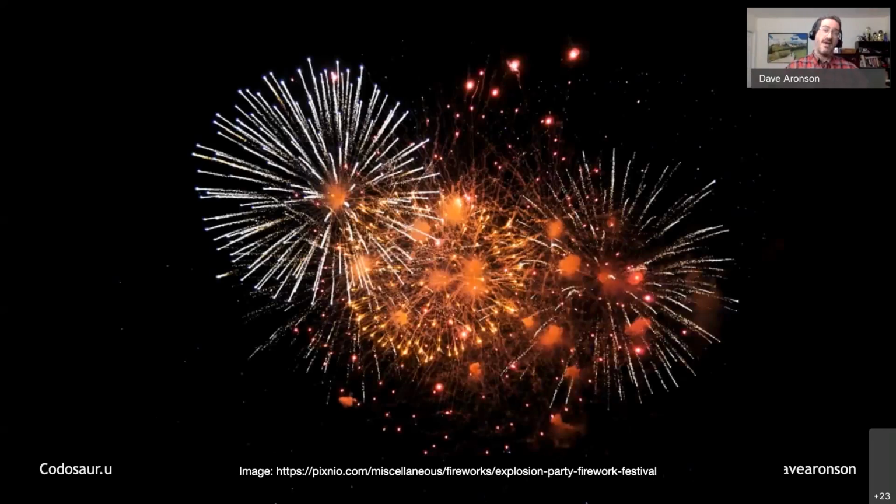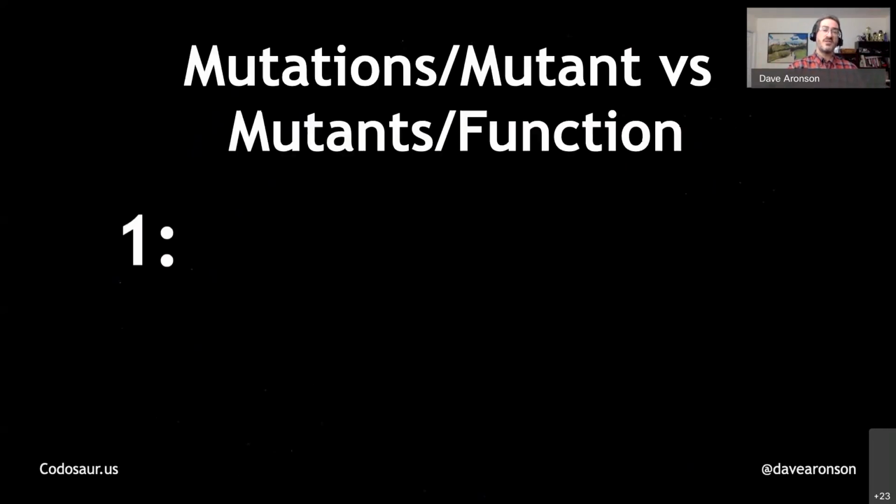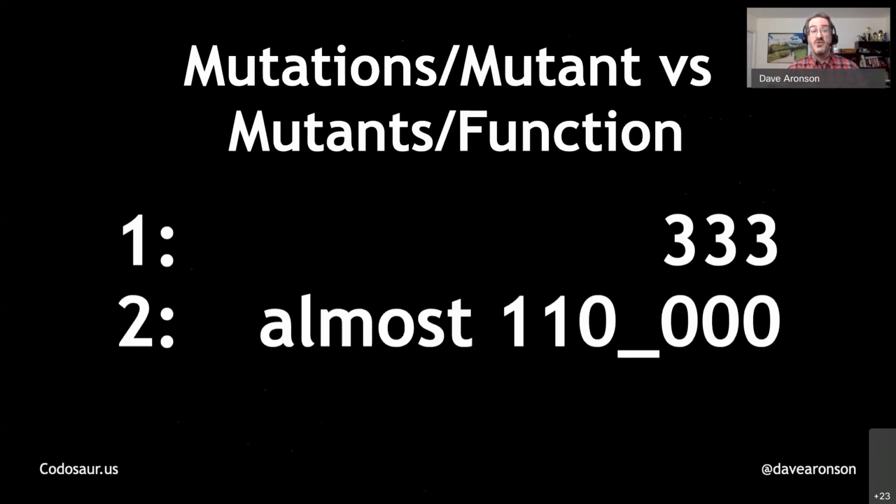I'll spare you the math, but with our earlier code size assumptions, even if we manage to weed the mutants down by 2/3 at each step, with one mutation per mutant, we'd have 333 mutants per function, and a third, but I'm rounding. With two, we'd already have almost 110,000.